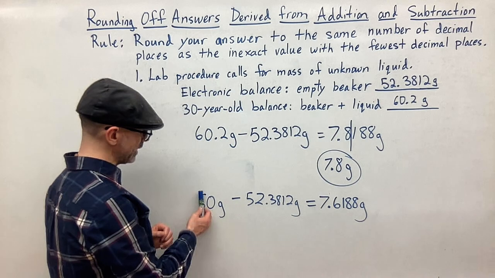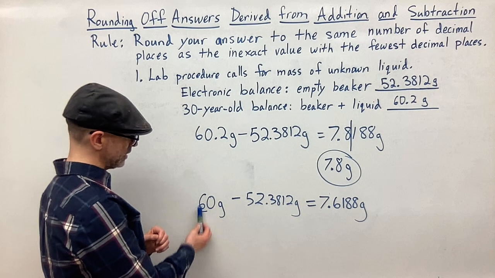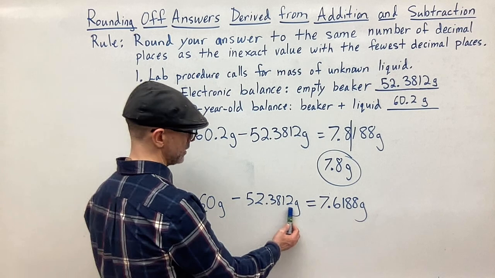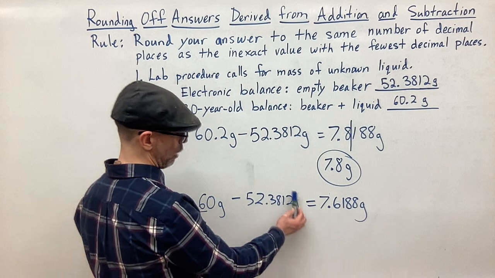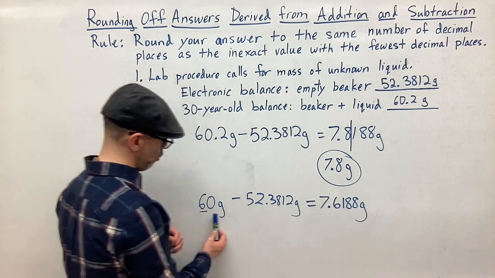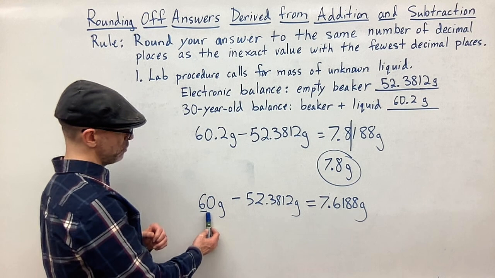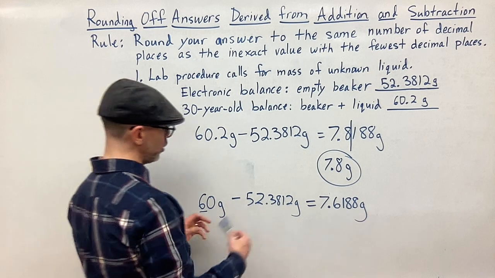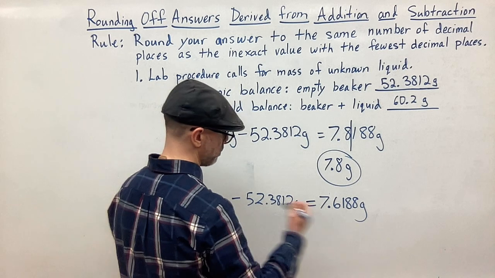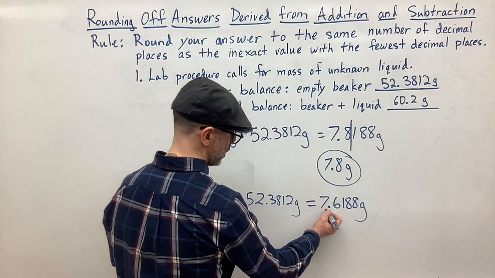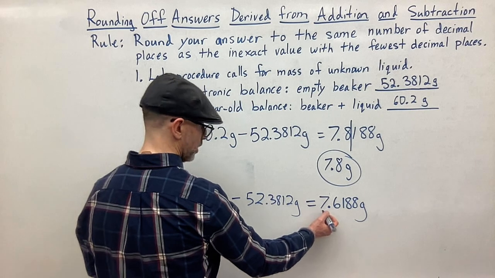So then the tens place is the last place of significance. Here, I believe that's the 10,000ths place. So of course, this is less precise, so we're going to have to keep the tens place. So the tens place is the only place of significance.